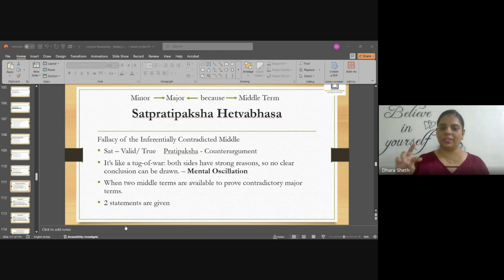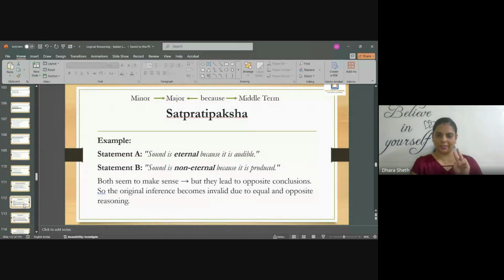Two arguments are there. It is also called fallacy of mental oscillation. They ask the question, which of these has the fallacy of mental oscillation? Either the answer is Satpratipaksha Hetvabhasa or the statement of Satpratipaksha Hetvabhasa. Here two statements are given and both of them are opposing. How are they opposing? Like this.